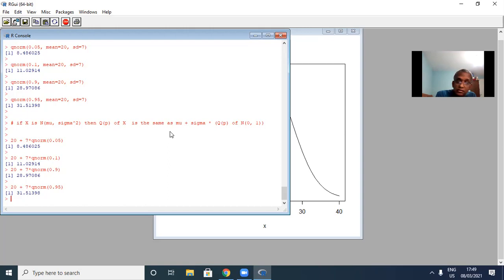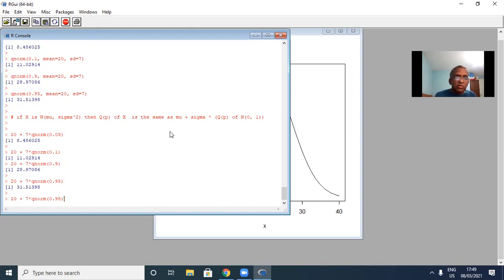As I run out of time, I don't think I have the time to do the question. Did not work for you? No, come on, guys. You can't just type qnorm. You need to specify in brackets the probability that you want. So you should say 20 plus 7 times qnorm of say 0.1.